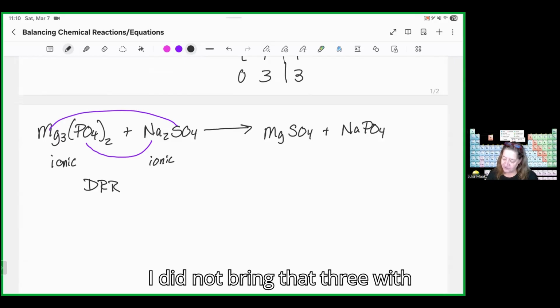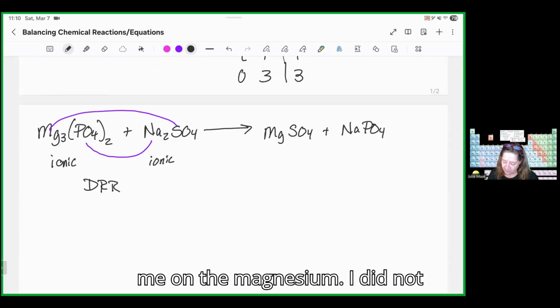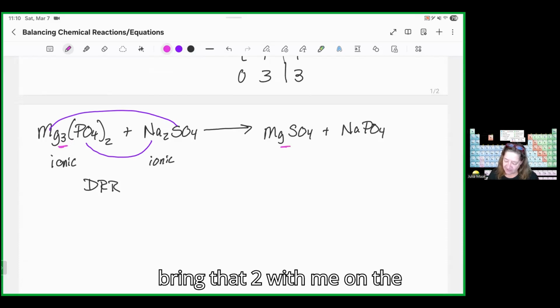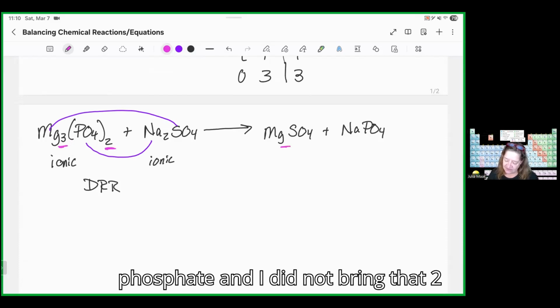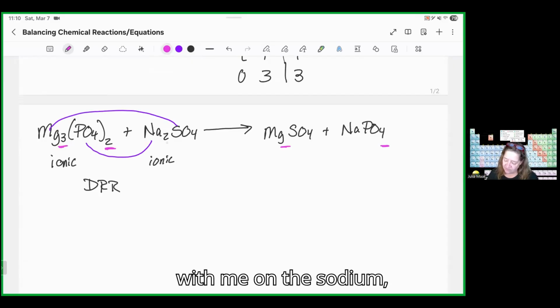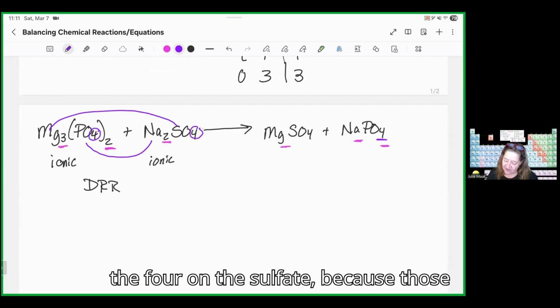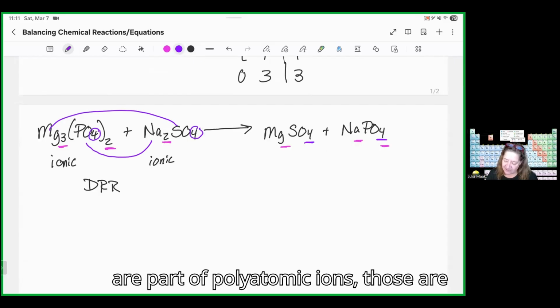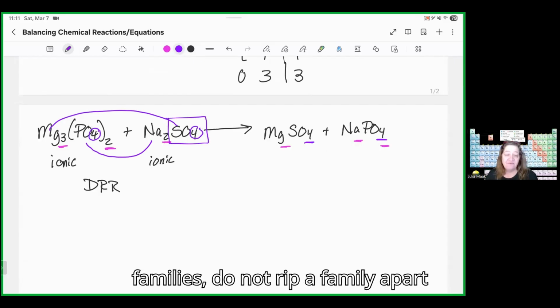Okay. So what I want you to notice is I did not bring that 3 with me on the magnesium. I did not bring that 2 with me on the phosphate, and I did not bring that 2 with me on the sodium. But I did bring the 4 on the phosphate and the 4 on the sulfate, because those are part of polyatomic ions. Those are families.